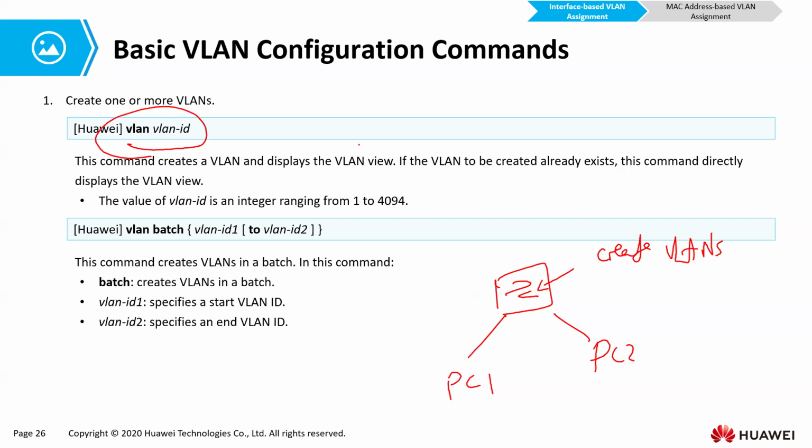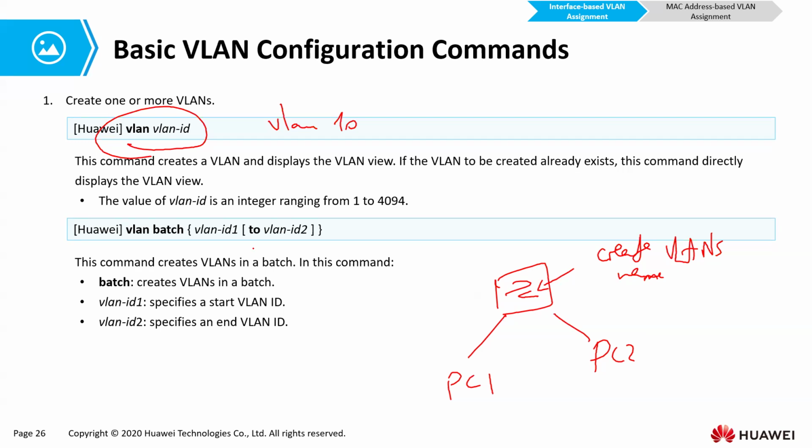So I type vlan 10. It means I've created VLAN 10 basically. Then from there, you can name my VLANs. You can name them, for example VLAN 10, staff. VLAN 20, students, etc.